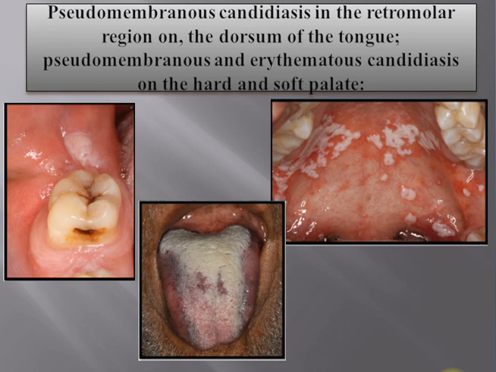The risk factors predisposing to oral thrush development include the CD4 T lymphocyte count. There are three frequently observed forms of oral candidiasis: pseudomembranous candidiasis, erythematous candidiasis, and angular cheilitis.